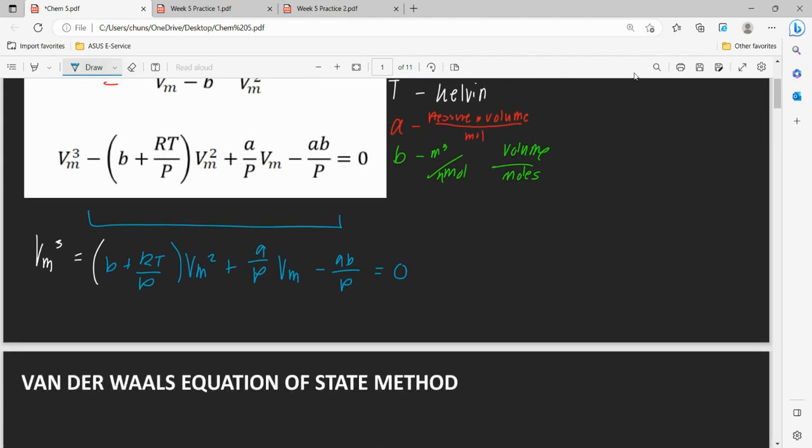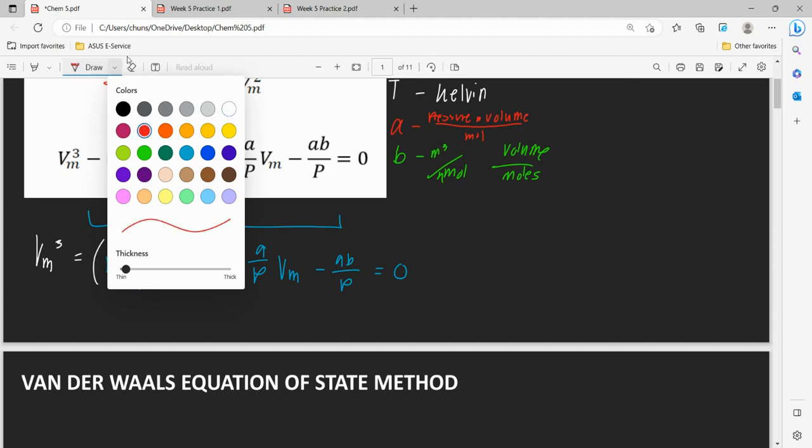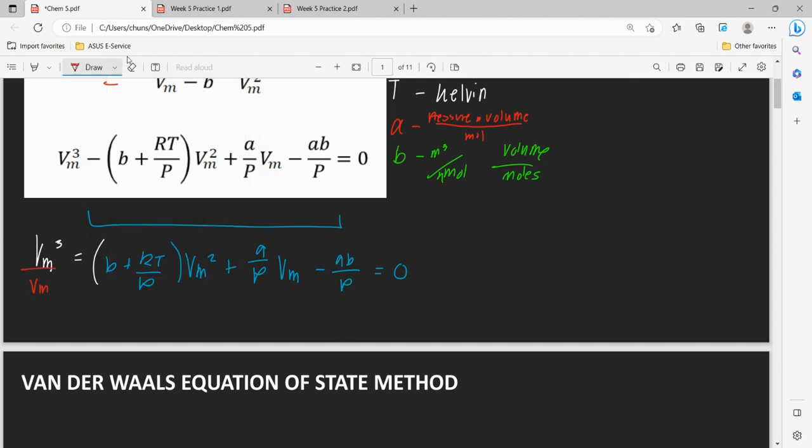Now let's make this just equal to molar volume on this side. So we're going to divide everything by Vm squared. Right? And that is going to give us Vm equals, so these terms are going to cancel out.